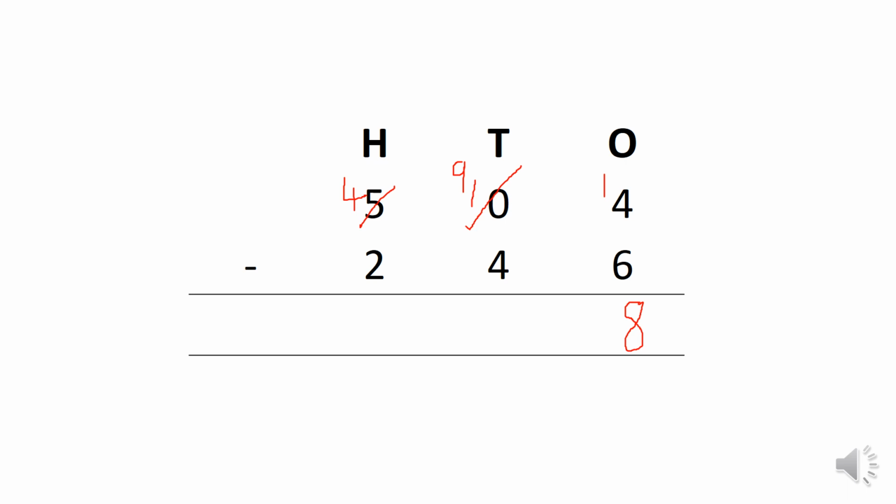I move to the tens column. 9 tens, take away 4 tens, which is 5 tens. And then move to the hundreds. 400, take away 200 is 200. Leaving us with 258.